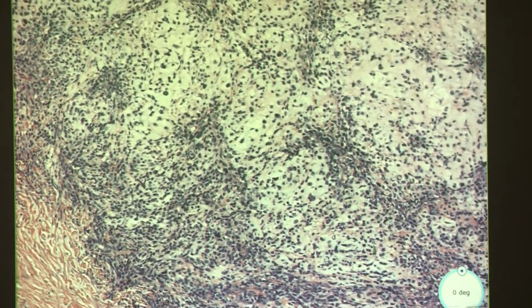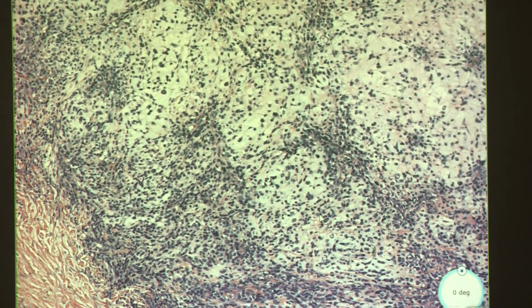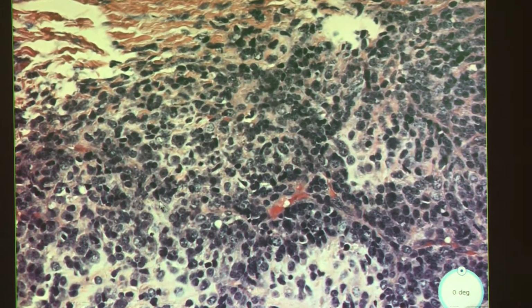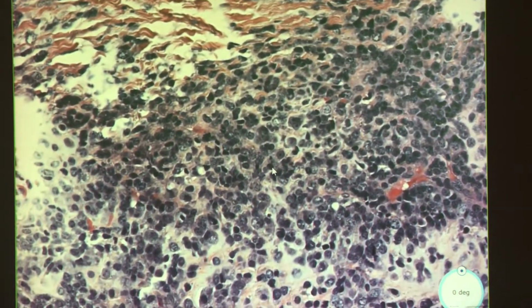Since there was a question earlier today on a post asking about small round blue cell tumors, and the round cell component of this tumor was brought up as part of the differential, which is totally fair.